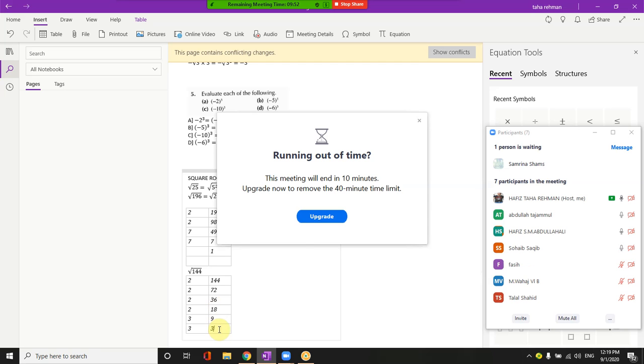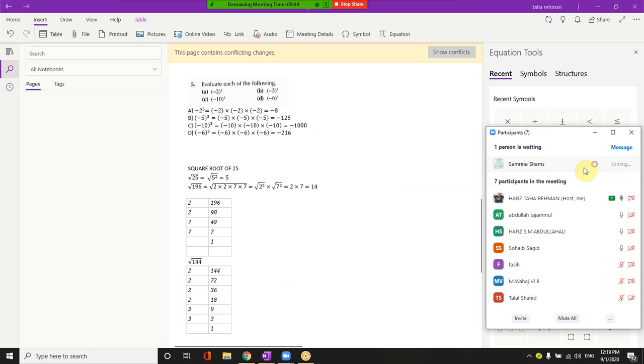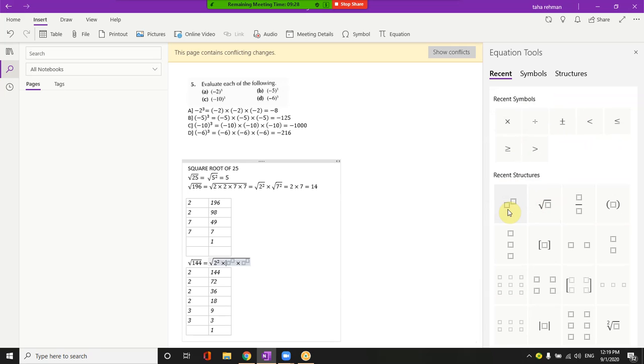And finally, 2 to the power 4 and 3 to the power 2. Very good. Means 2 to the power 2 multiplied by 2 to the power 2. So we can write it like this: 2 to the power 2 into 2 to the power 2 into 3 to the power 2.